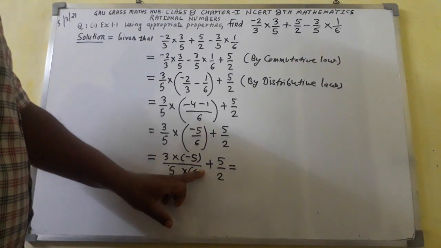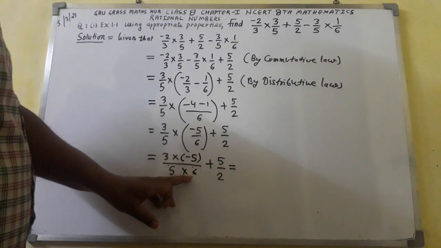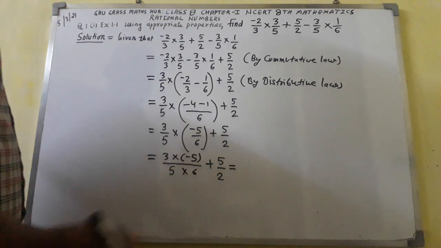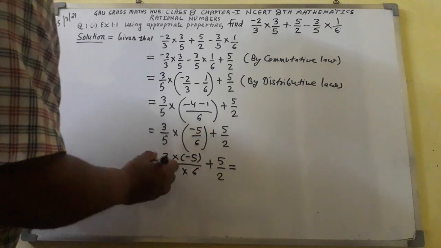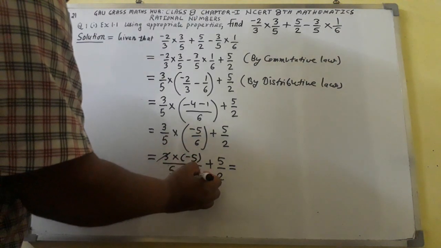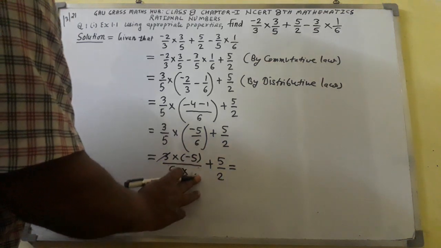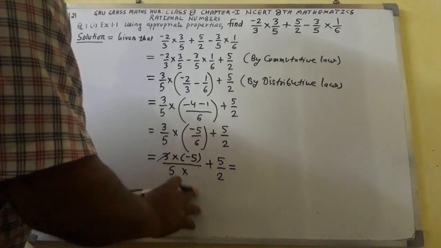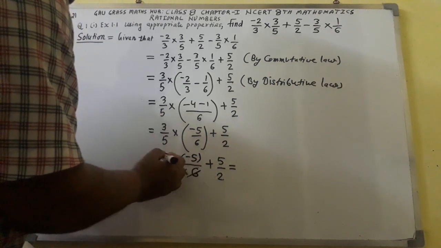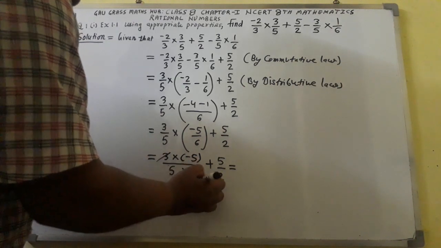Just simplify this one. Multiplication sign is there. So 3 and 6 will be crossed out. Here you will get 2. Here 6 is there. So 6, 3 and 6 will cross to here, you get 2.